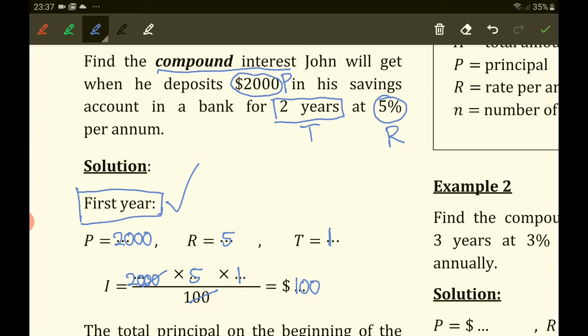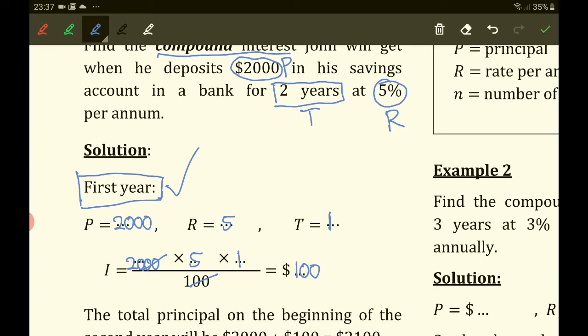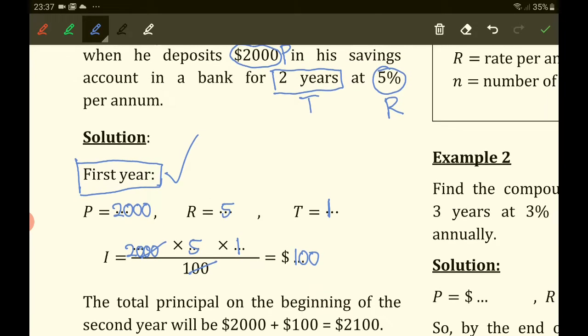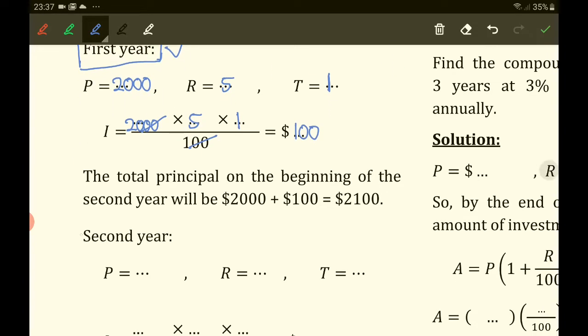Because John is planning to deposit his money for 2 years, we also have to calculate the second year. Now we calculate the interest in the second year. But before that, I want you to add up to find the total money John has now.